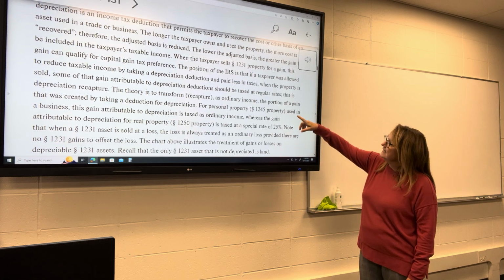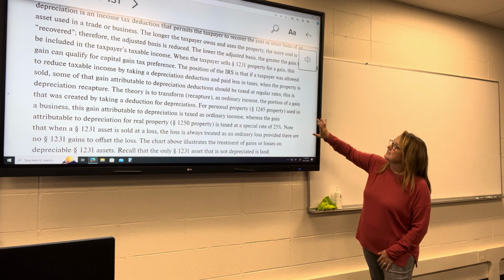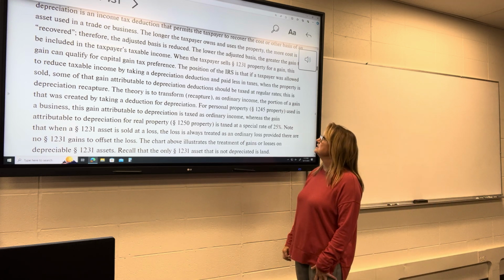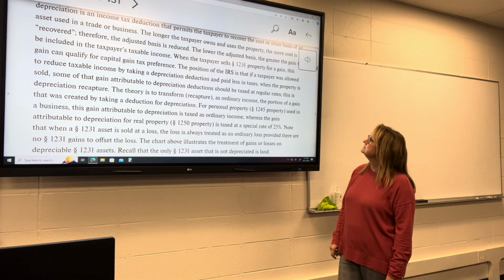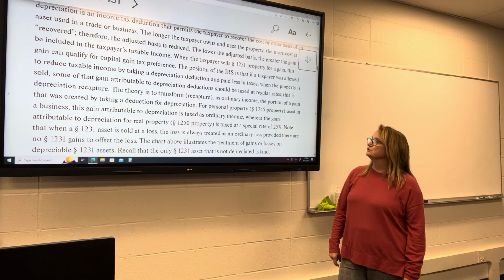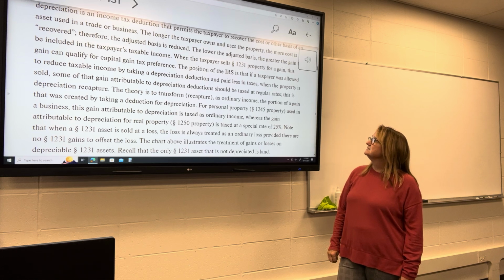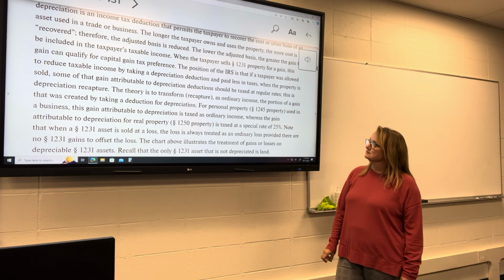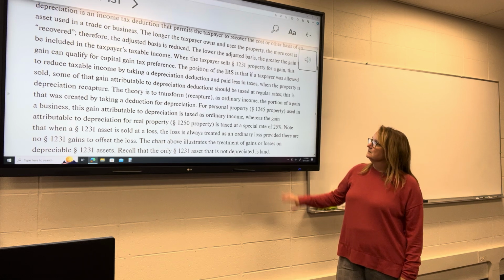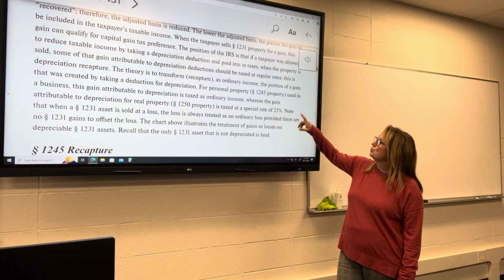So again, position of the IRS, if a taxpayer was allowed to reduce taxable income by taking a depreciation deduction and paid less in taxes, when the property is sold, some of that gain that's attributable to depreciation deductions should be taxed at regular tax rates. So again, this is called depreciation recapture. So we recapture it as ordinary income.